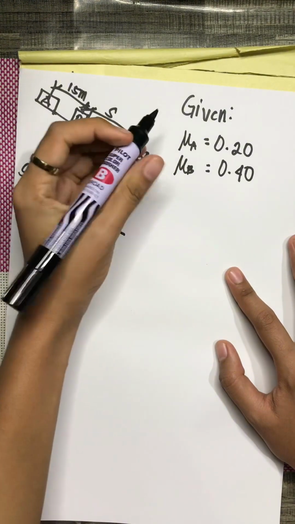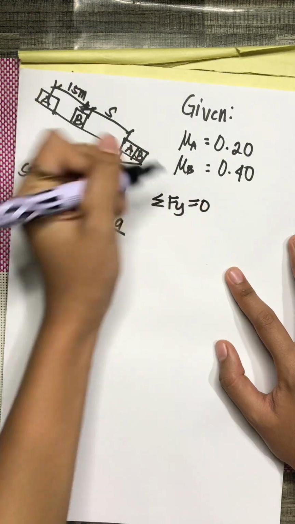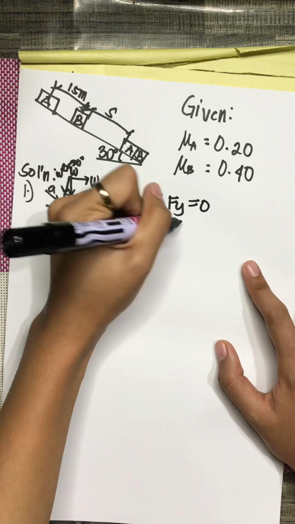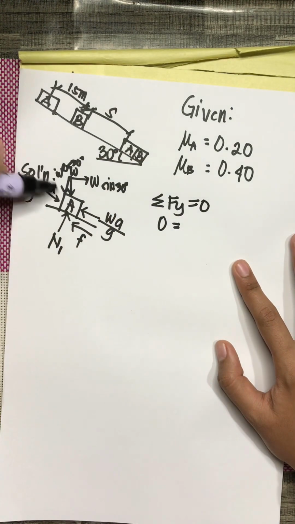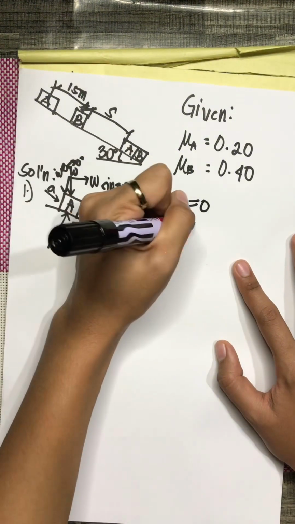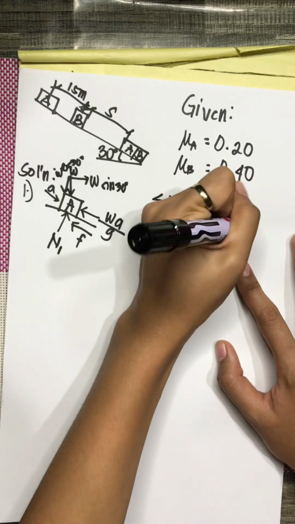So summation of Fy equals 0. 0 equals, so the weight is going down, so it is negative W cosine 30 degrees.